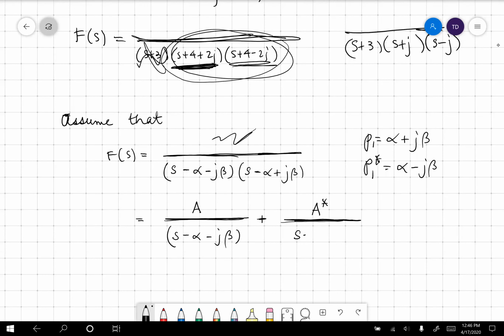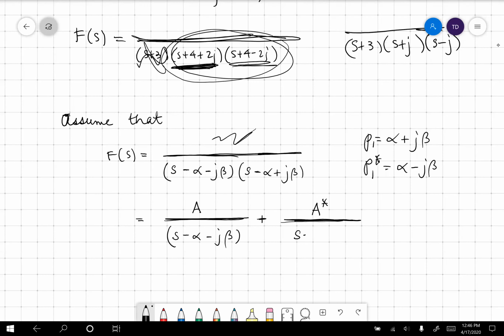So following our rules, let's, for argument's sake, assume that we know what this numerator is for F of s. So we're expanding this. I wrote it already, right above me. So this is F of s, there's my partial fraction expansion.